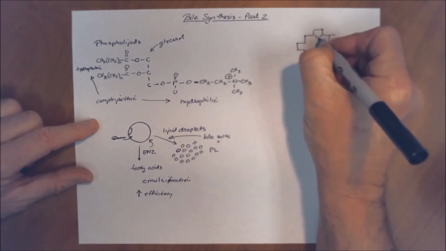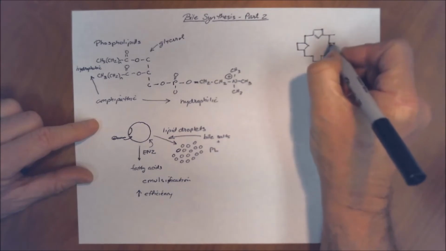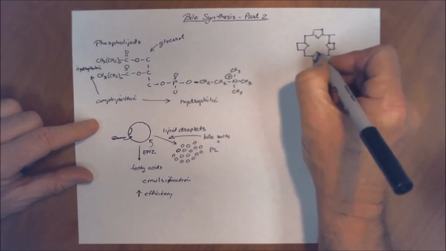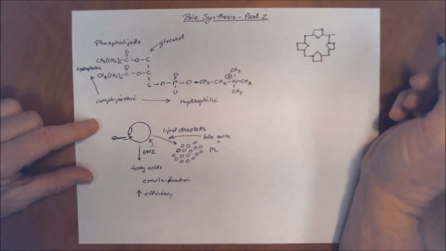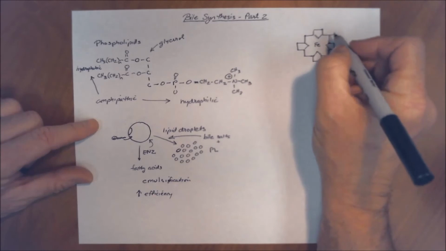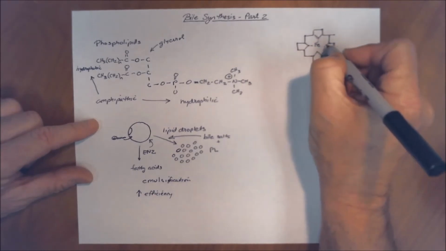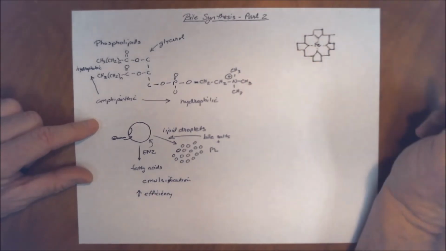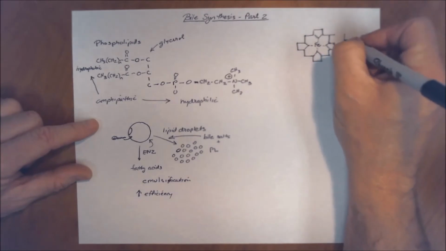We have 4 pyrrole rings. We'll look at this more in hemoglobin metabolism. But we have the heme structure in the hemoglobin, and we have iron at the center, which is coordinated by these nitrogens here. So this is our heme structure.